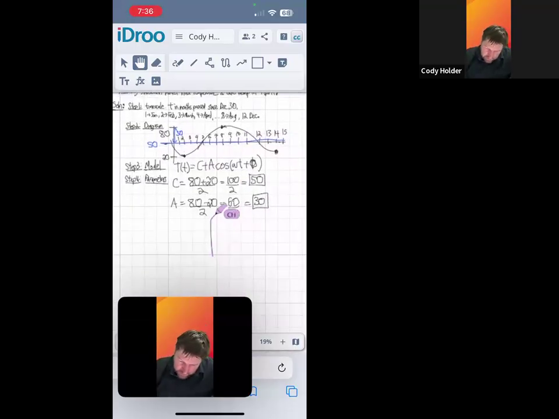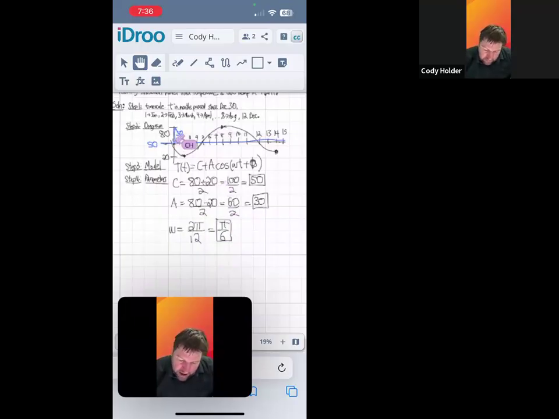Then let's use our frequency formula. That one's very useful. We have the frequency is 2 pi over the period, and as I already mentioned, that's 12 months, right? So pi over 6. Now the only one we have to do is the phase. That's all that's left is the phase.